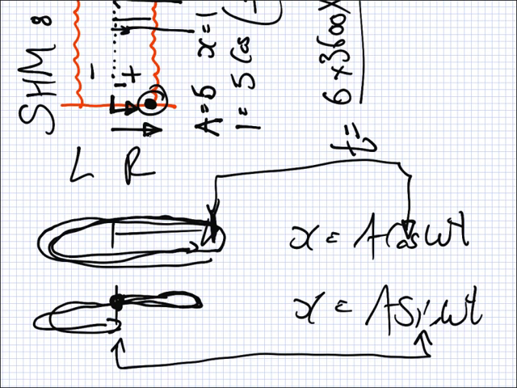It starts here and we have to wait for the time until it gets to here, and this is the x. So regardless if you start on the outside, the x displacement is always from the center. Inside, outside doesn't matter. X is from the center.